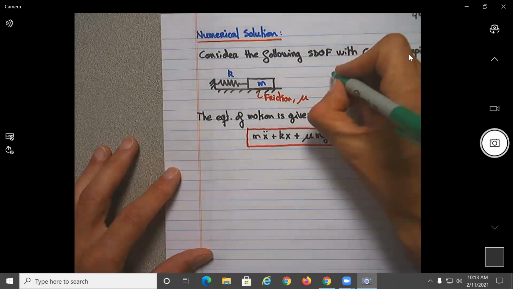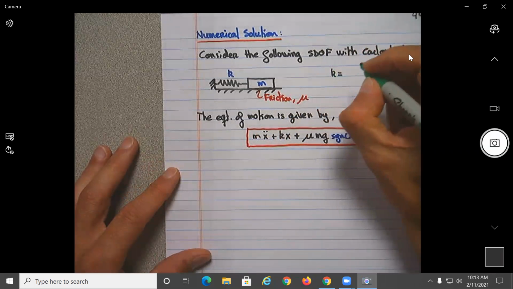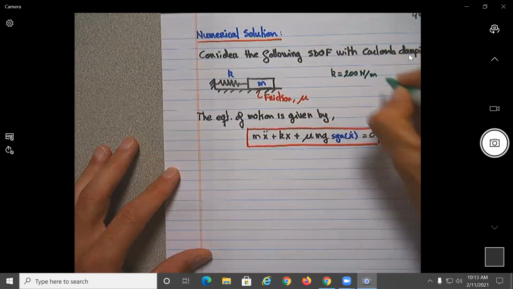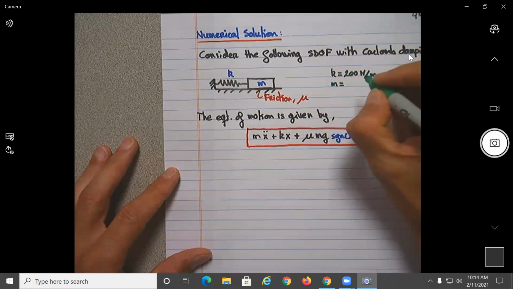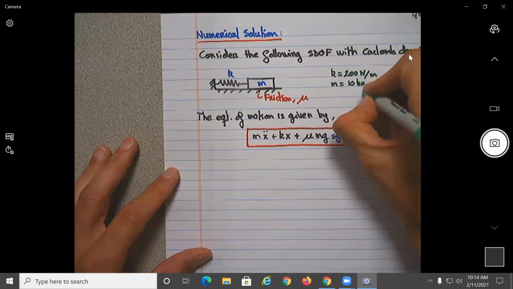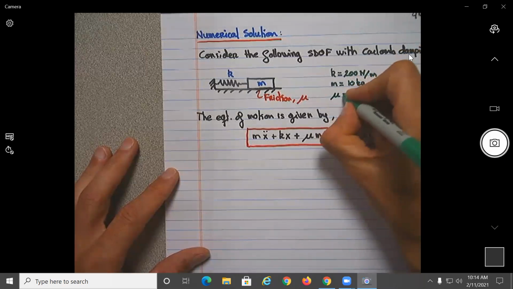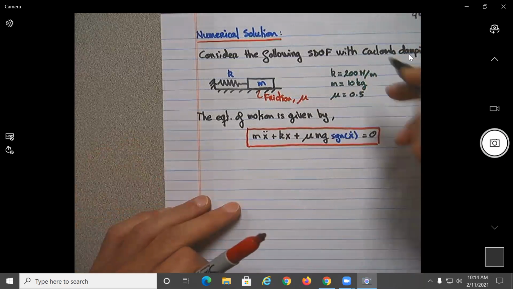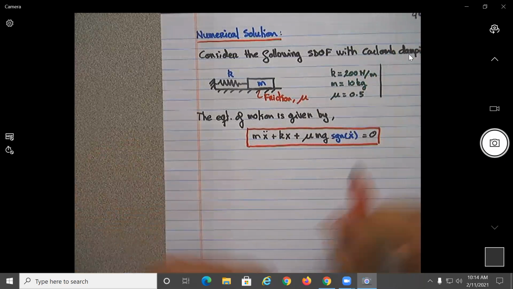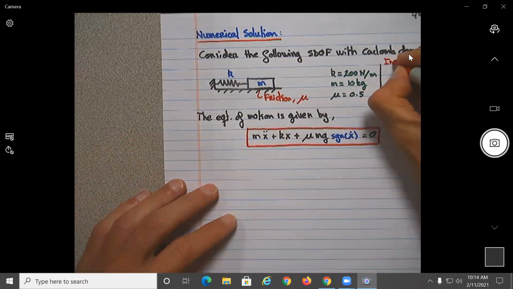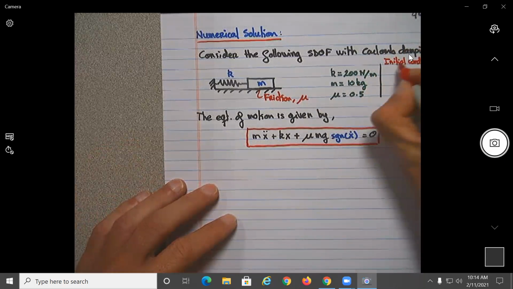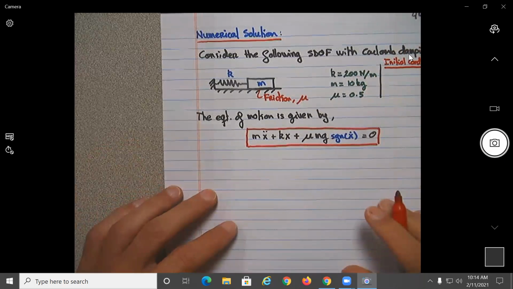Okay, and in this problem, let's select the data: k equal to 200 Newtons per meter, mass equal to 10 kilograms, and the damping to be equal to 0.5. And we're going to solve for the initial conditions because there's always initial conditions.